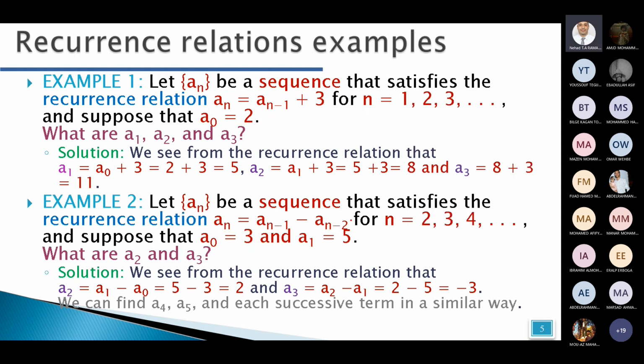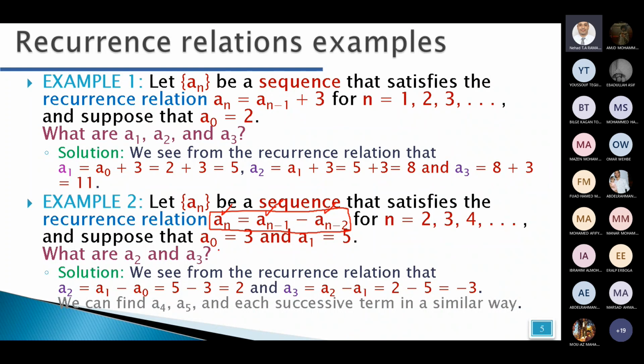An equals an minus 1 minus an minus 2. What does this mean? This means each element is the previous element minus the element before it, the difference between the previous two elements. This is the meaning of this sequence.